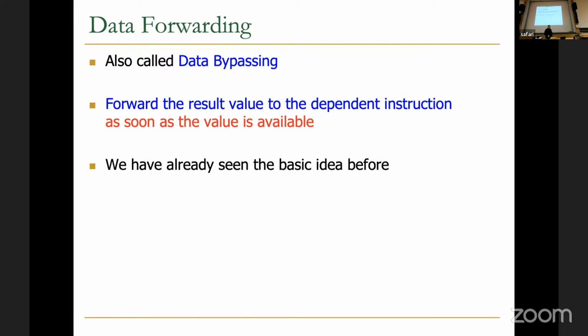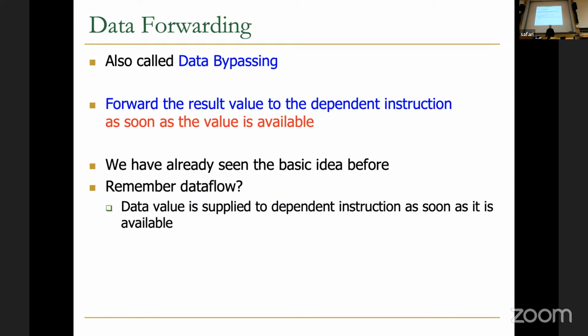So we have already seen this basic idea before in data flow. In data flow also, you can fire the instruction once all the inputs for that instruction are ready. Basically, there is no more delay than needed for one instruction. But here, we want to implement that also with forwarding.